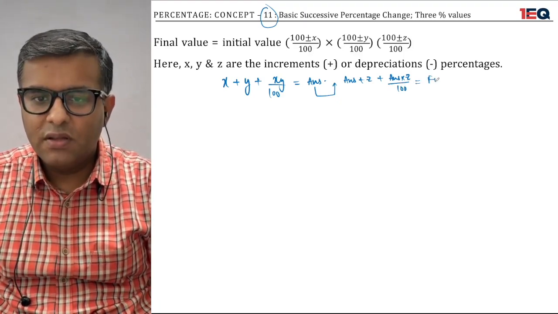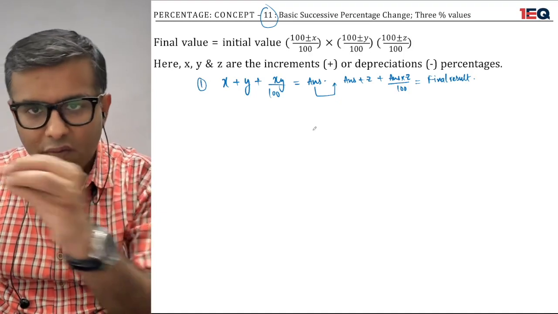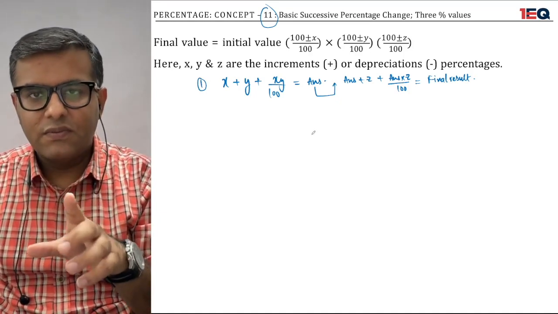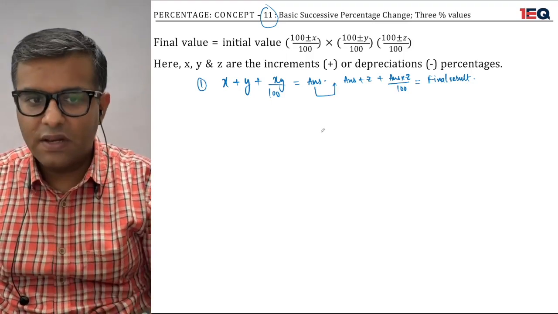This would give me the final result. So this is one way of taking things forward with successive percentages when there are three percentage values.